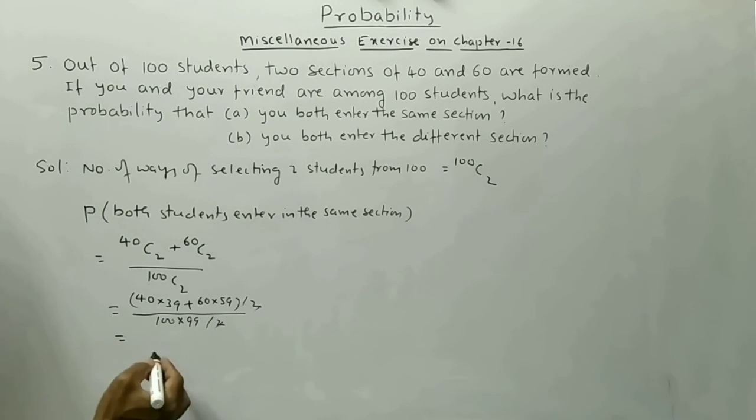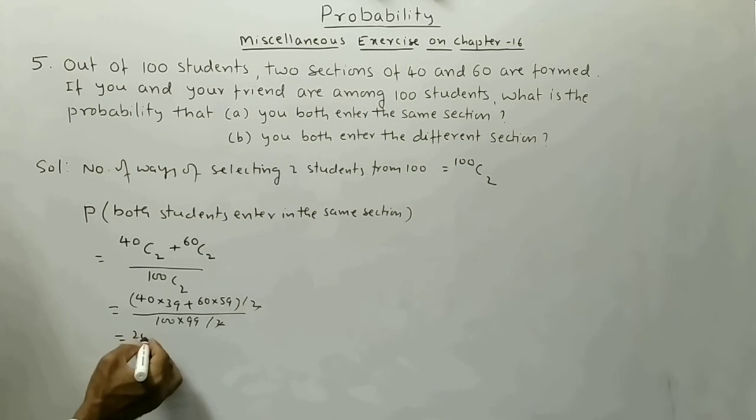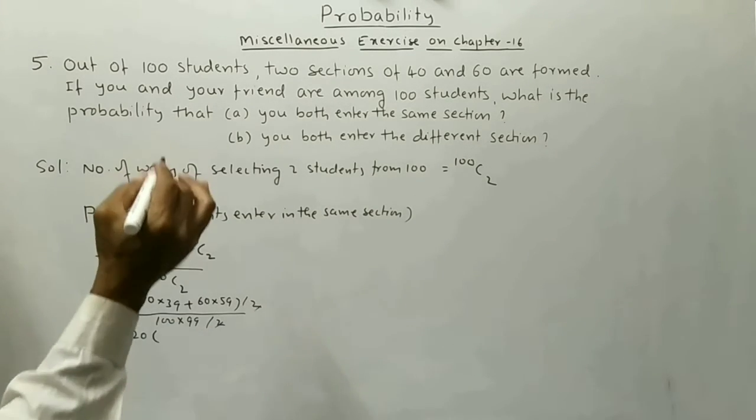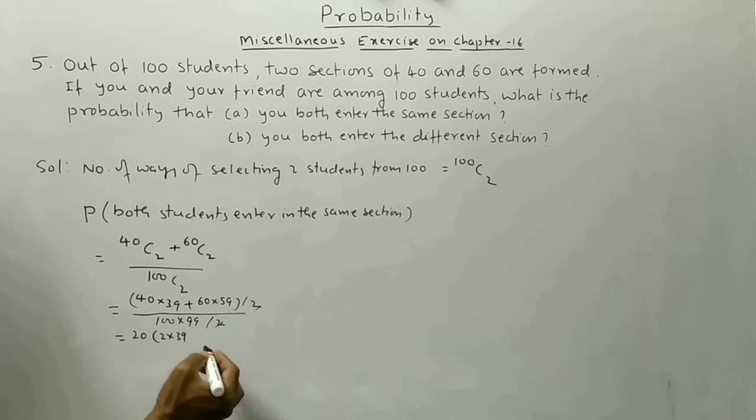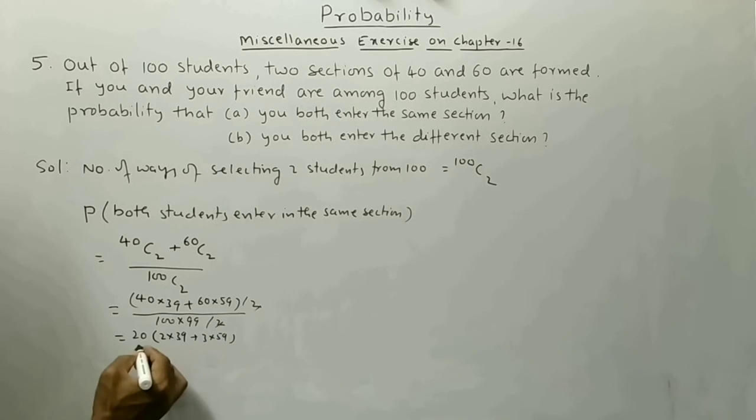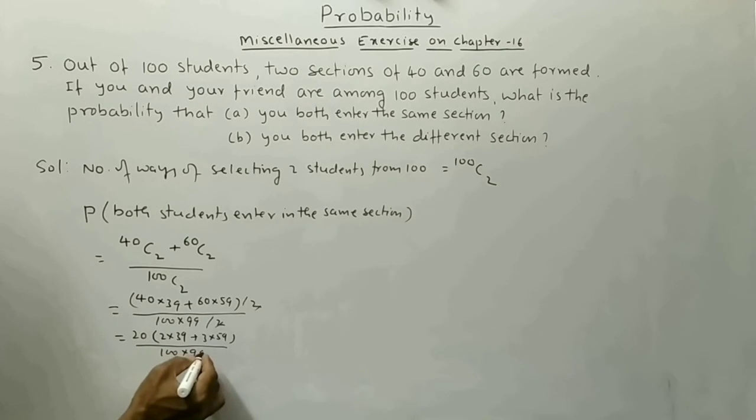When you take 20 common in the numerator, then you will get 2 into 39 plus 3 into 59 divided by 100 into 99.